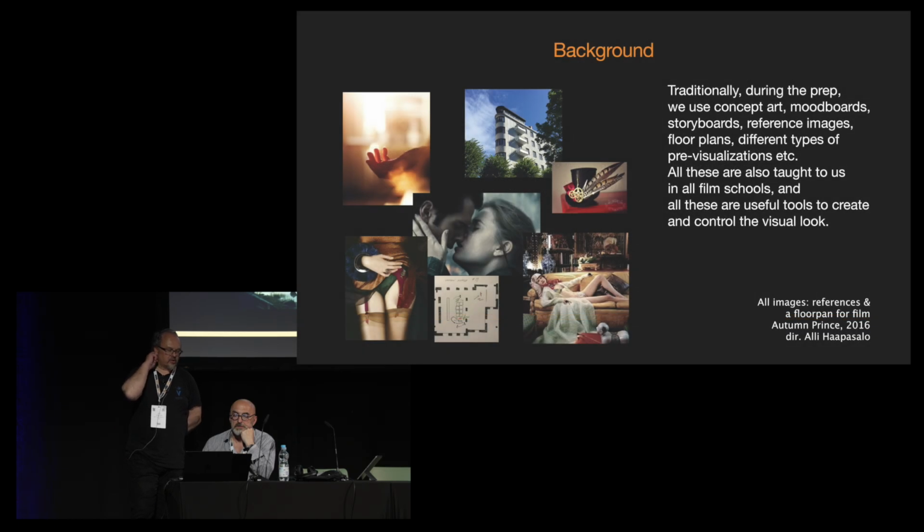First of all, traditionally, during the prep, we use concept art, mood boards, storyboards, reference images, floor plans, different types of pre-visualizations, etc. All these are also taught in all film schools, and all these are very useful tools to create and control the visual look.